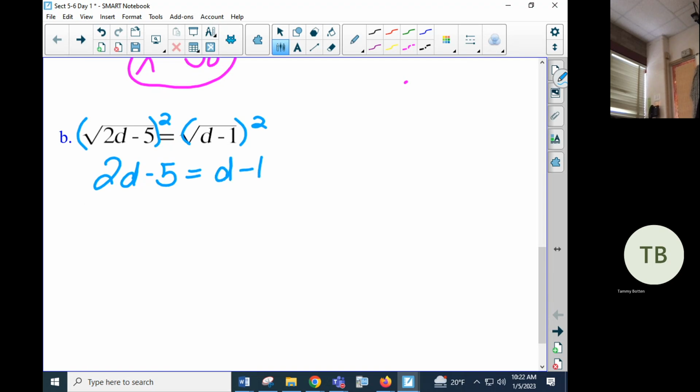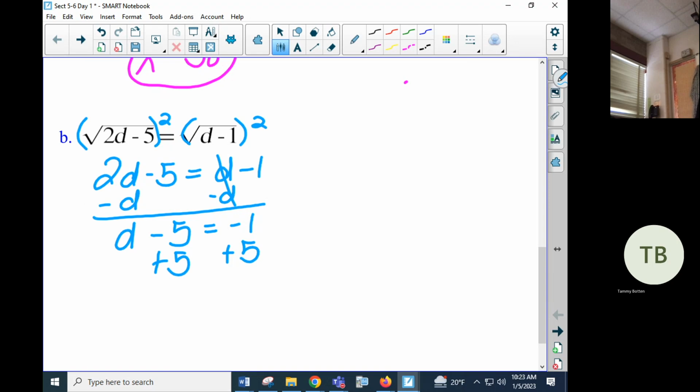And then you just go ahead and solve that. So we would subtract d. 2d minus d is d. Minus 5 equals -1. And then I would add 5. And I would get d equals -1 plus 5, which is 4. So that is my answer.